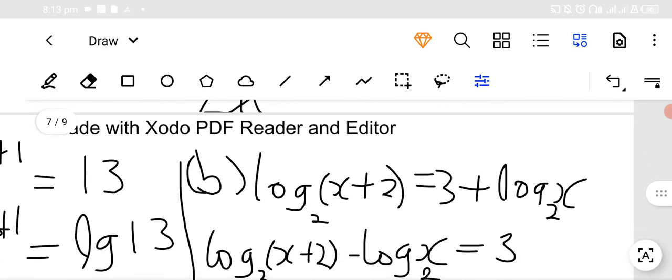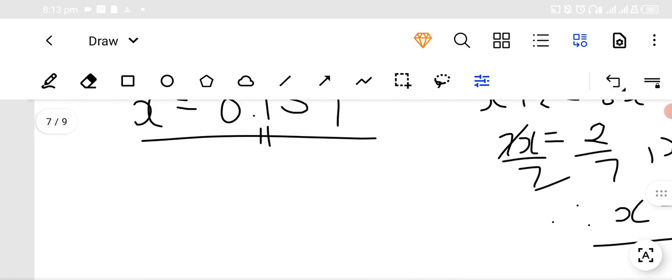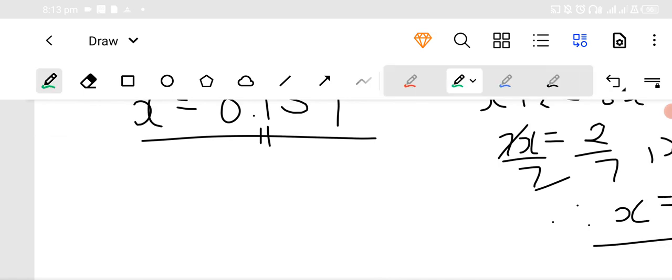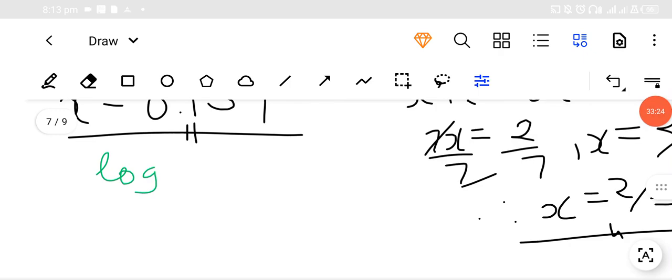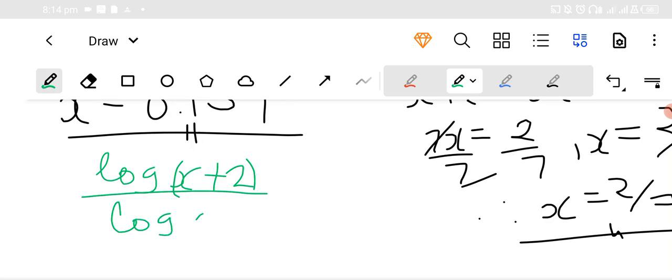So you can use the change of base formula. I hope you know what I mean when I say change of base formula. You can do something like this. You can say log of x plus 2, where the base there is 10, then you divide by log of 2.